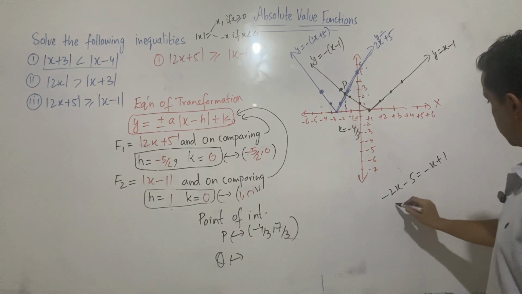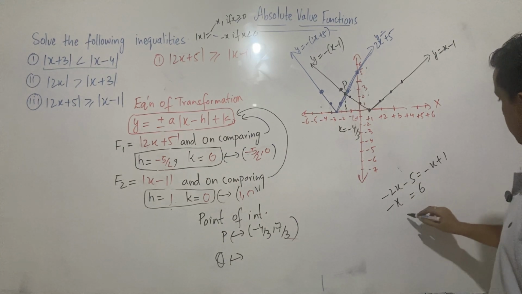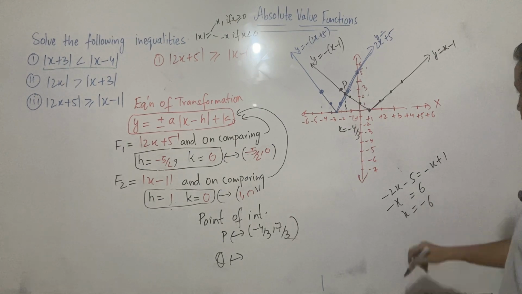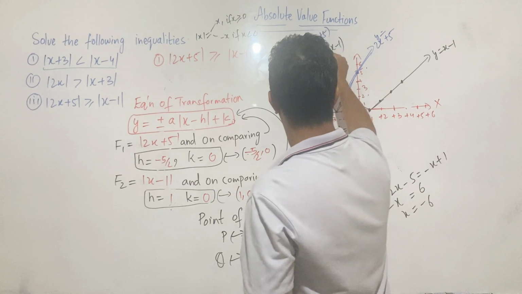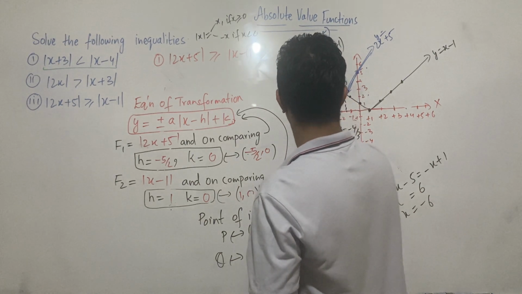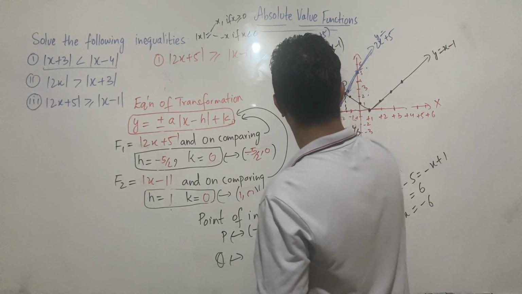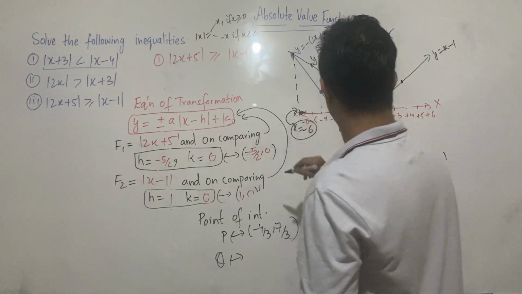It's going to be x equals minus 6. So these lines are going to intersect at this point, x equals minus 6.